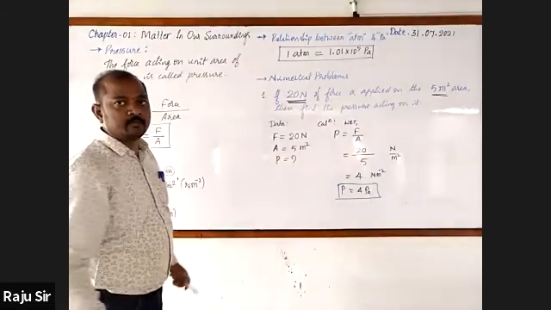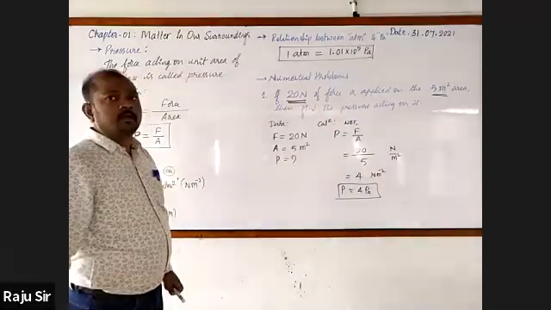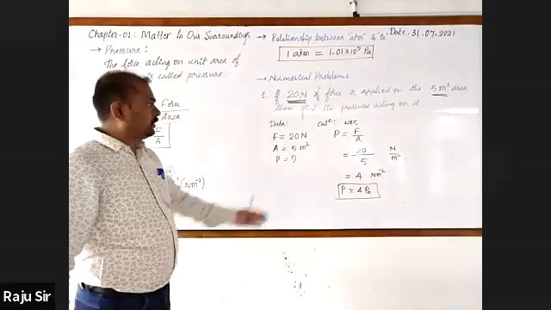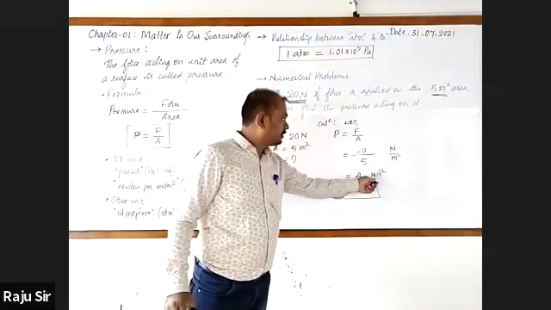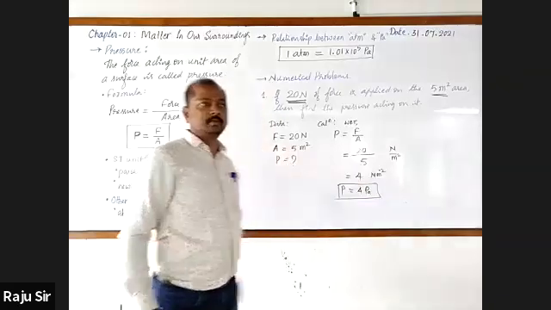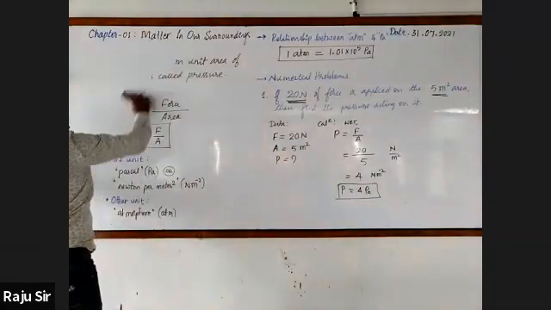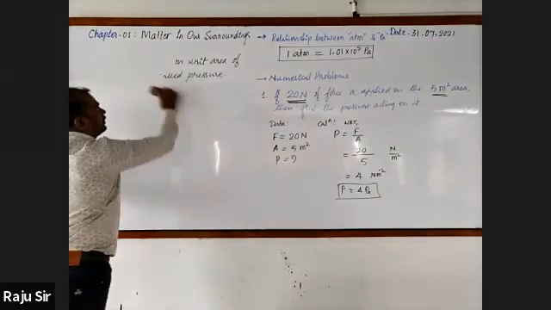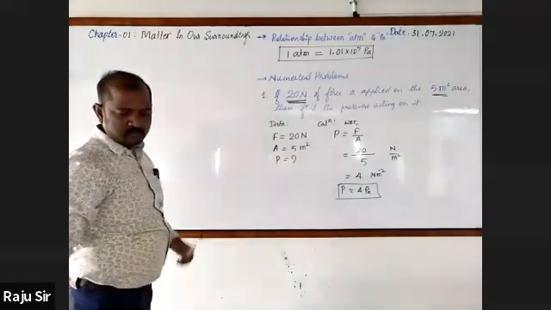Sir, is it Newton per meter square or Newton meter square? Newton per meter square. When meter square is taken to the numerator, it becomes meter raised to the power -2. Sir, another SI unit of pressure, can we write kg per meter per second square?